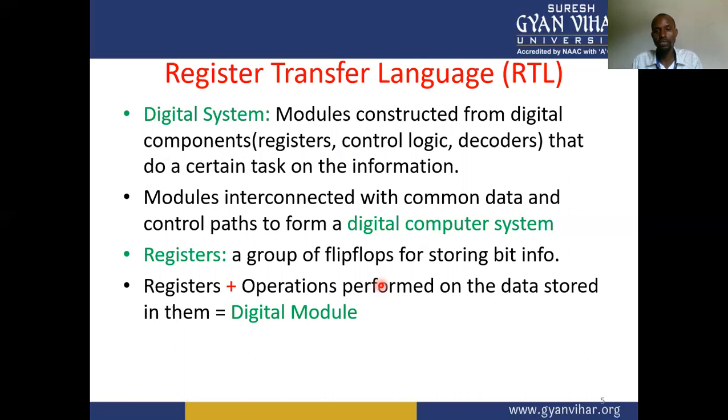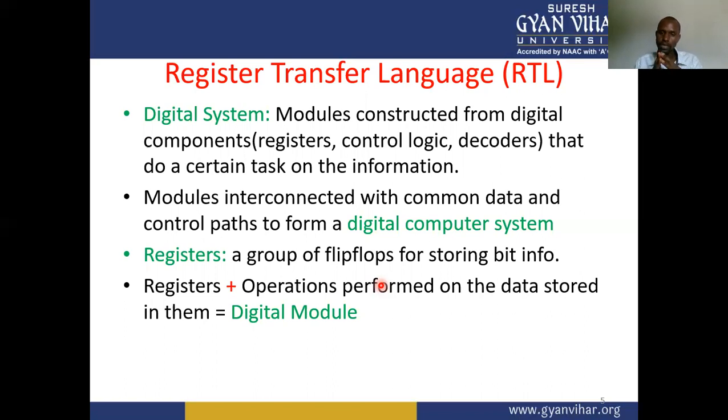That is what a digital system is. Now, these modules are interconnected with common data as well as control paths. That kind of connection is what forms a digital computer.